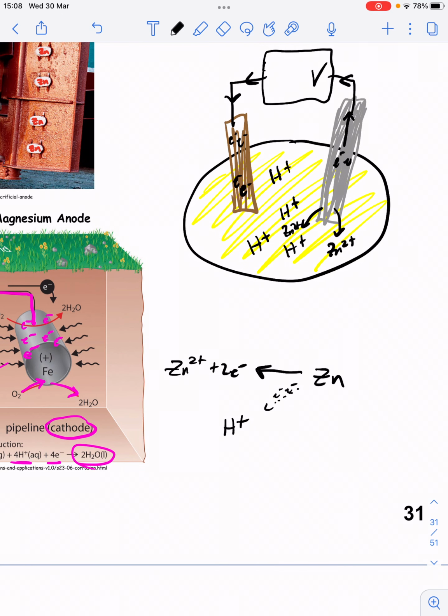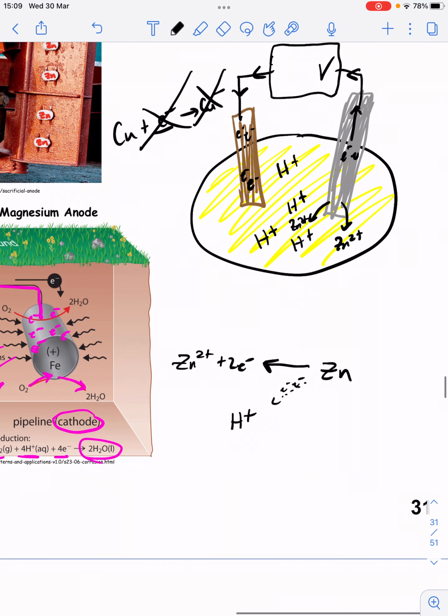But again, the copper is already reduced. The copper can't reduce any further. You can't give copper more electrons to make copper minus. That just doesn't happen. So the copper is now just a surface for a reduction reaction. The H+ ions will be attracted to this surface with these electrons, and the H+ ions will gain electrons and turn into hydrogen gas.